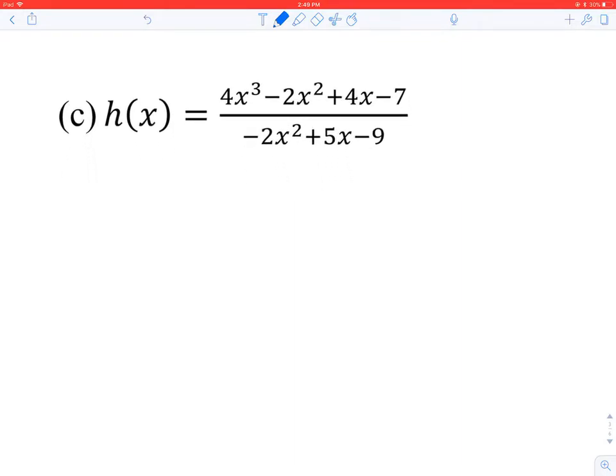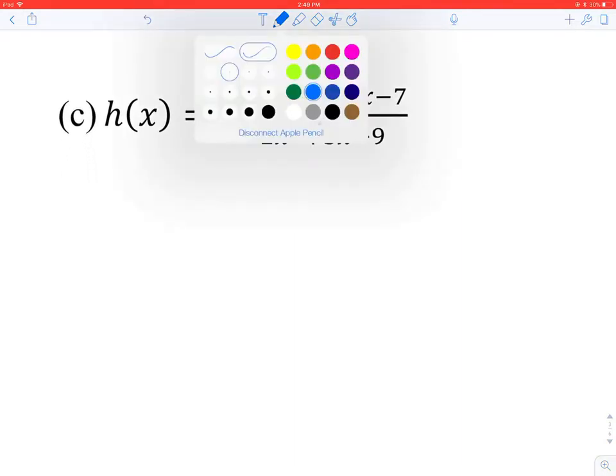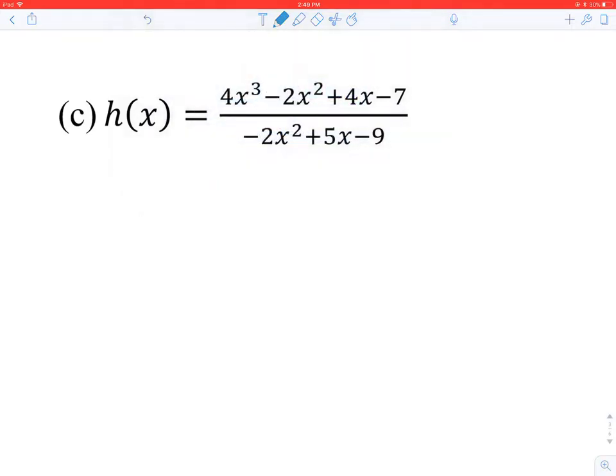All right, h of x. Degree of the numerator is 3, degree of the denominator is 2. So the numerator is going to grow at a faster rate than the denominator, meaning h of x is either going to end up approaching positive or negative infinity.